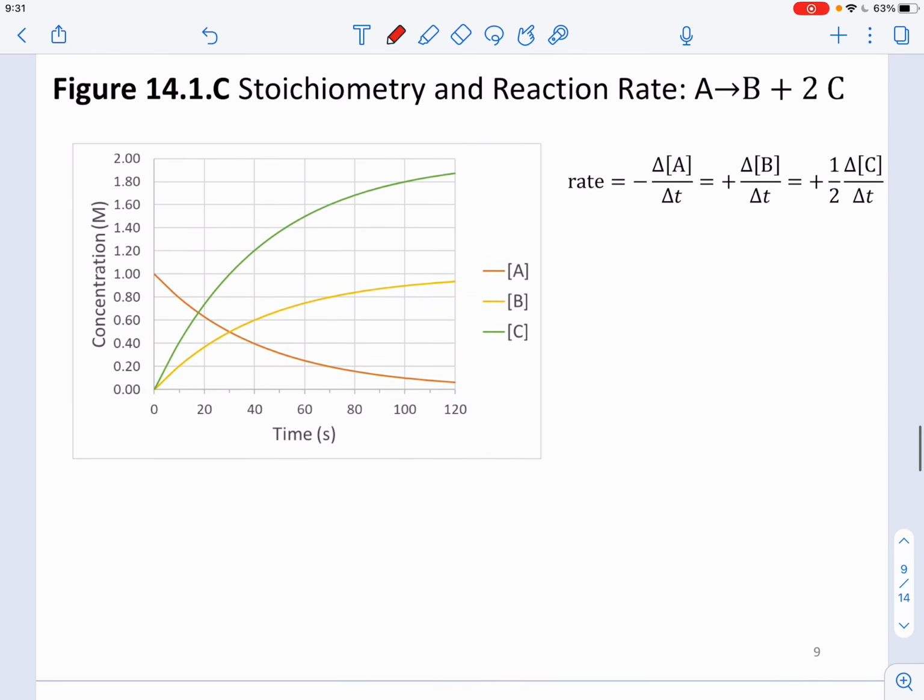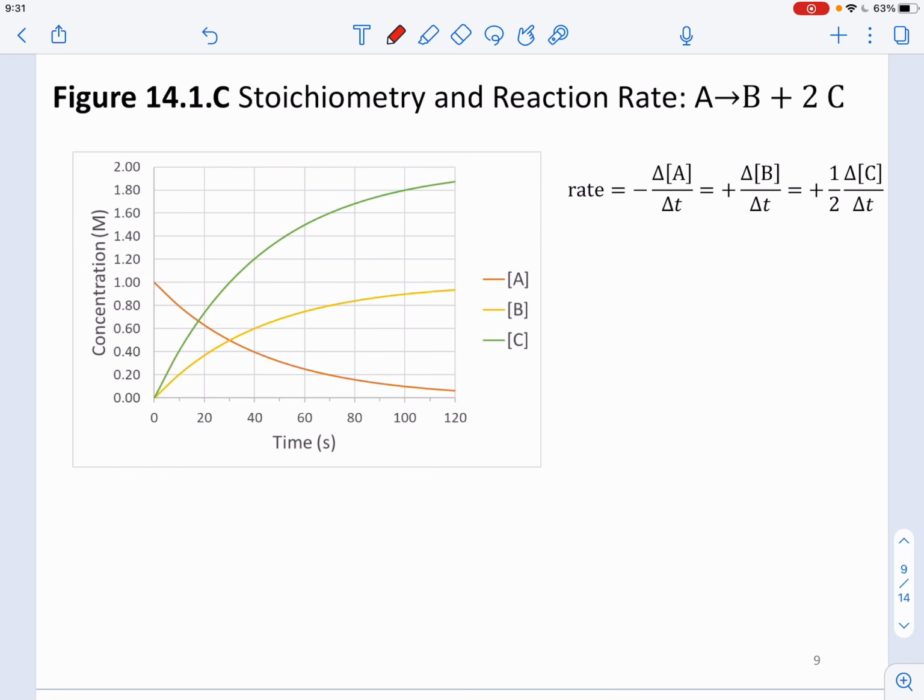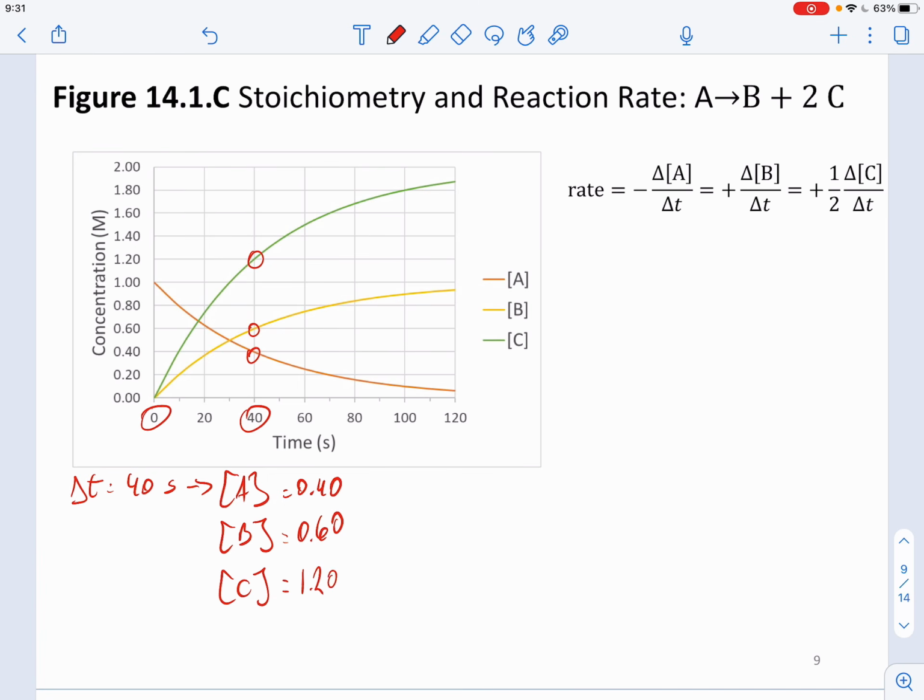So now we have this case. Let's again use 40 seconds. We already know that delta T is equal to 40 seconds, from 0 to 40. Now at 40, the concentration of A is equal to 0.40, the concentration of B is equal to 0.60, and the concentration of C is equal to 1.2.